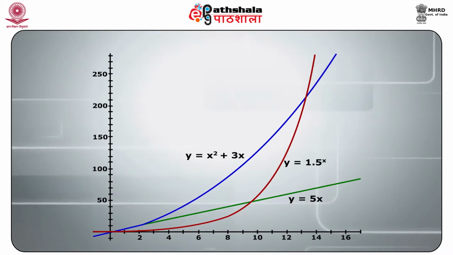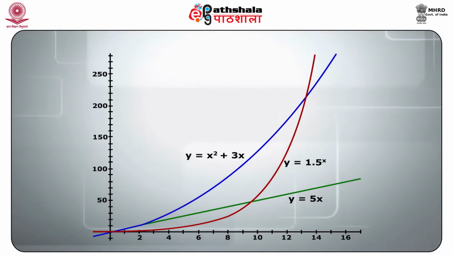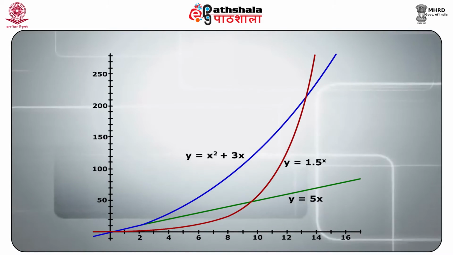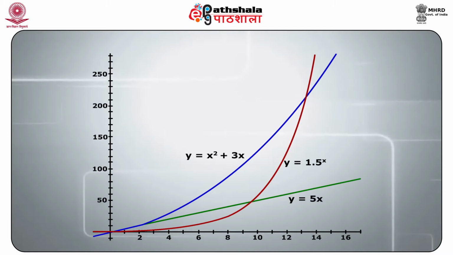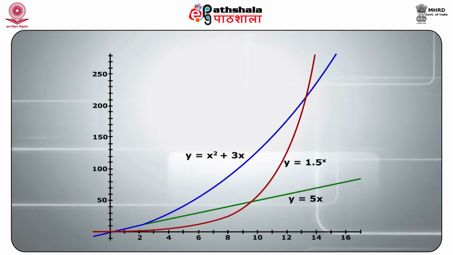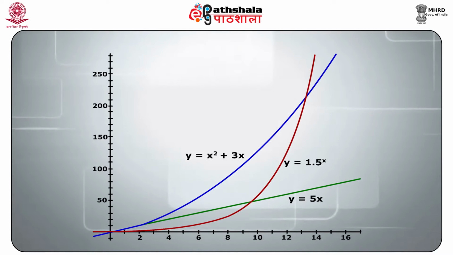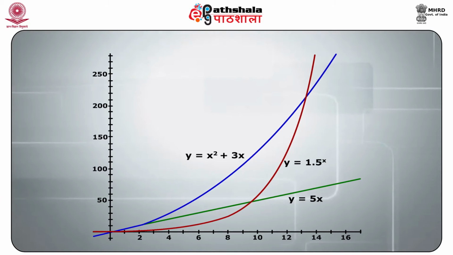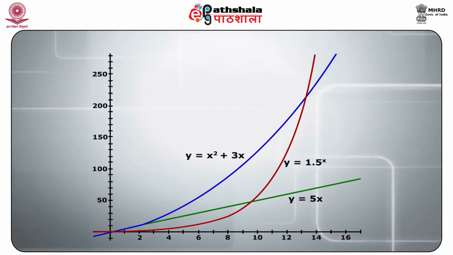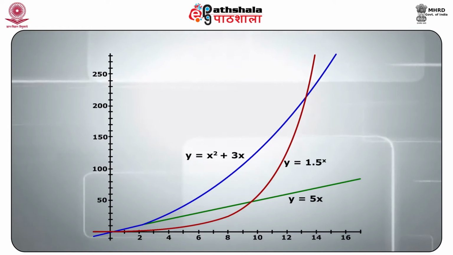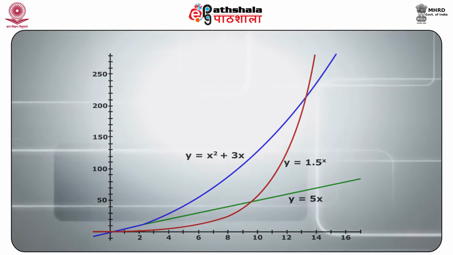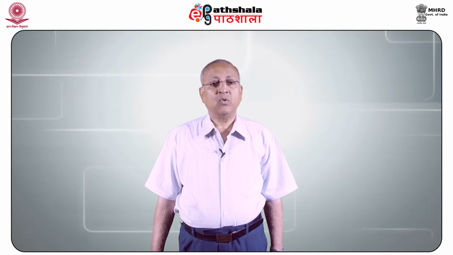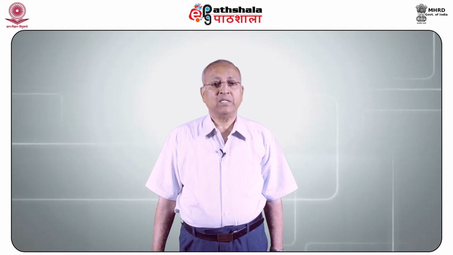If we look at x equal to 9, even the linear function is higher than the exponential function. But when we look at x equal to 10, then the exponential function suddenly increases in height. These relationships are given in figure 4, and you could examine what has been said above.